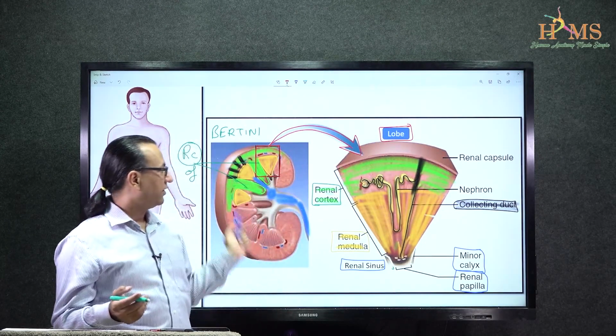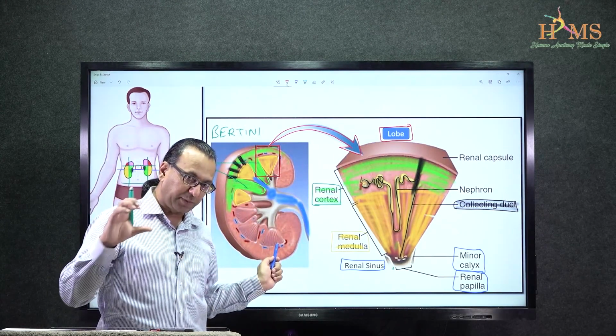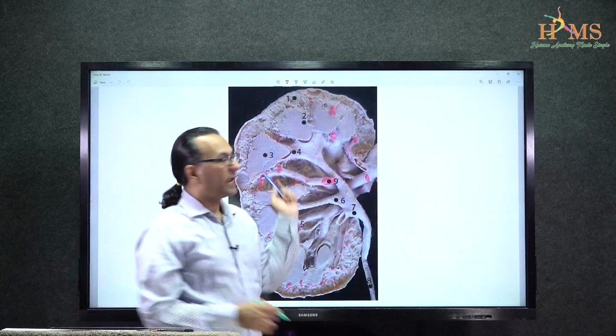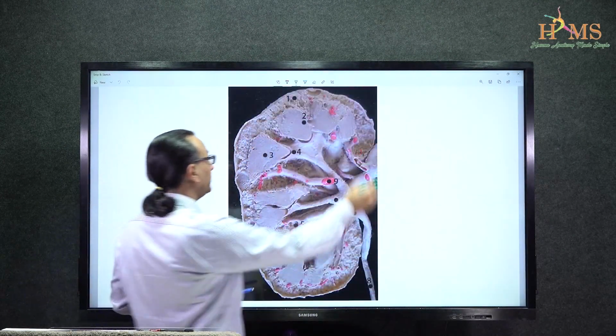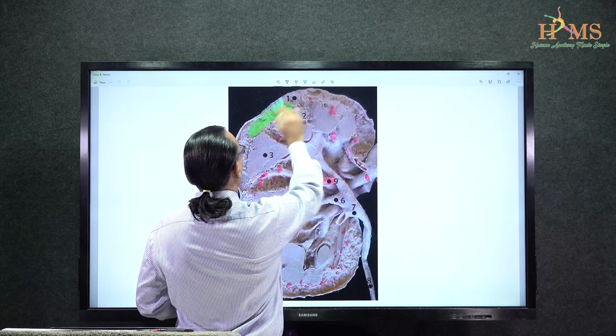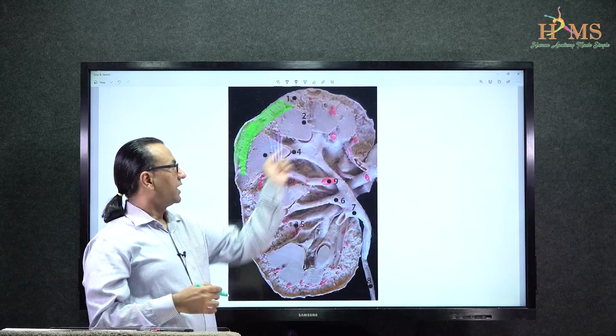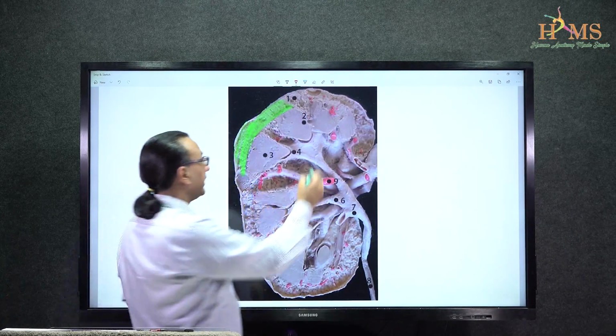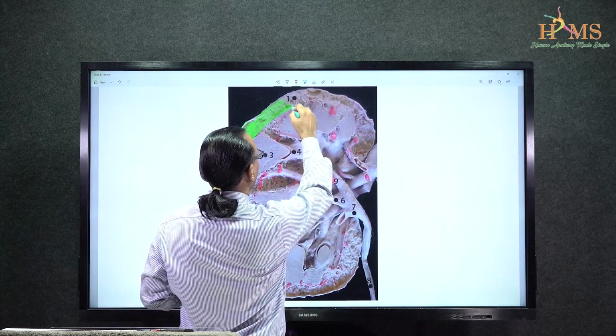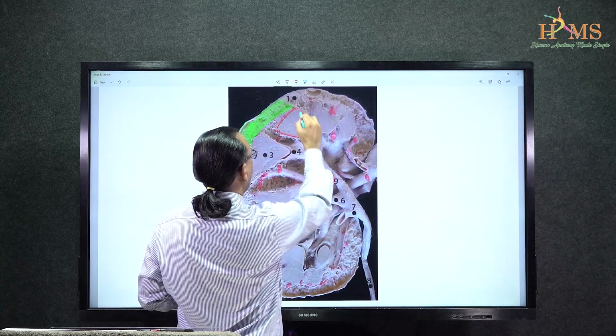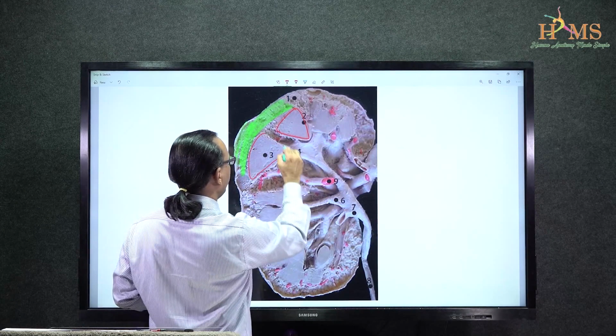Now let us have a look at the dissected specimen of the kidney. Once again we can mark the outer cortex here, and then the deeper medulla having the medullary pyramids. This is one medullary pyramid here, another medullary pyramid here.